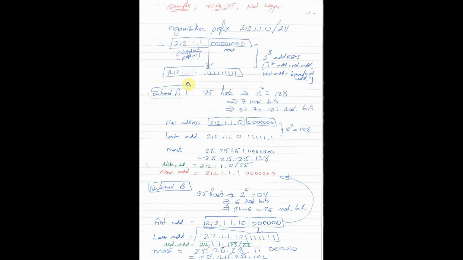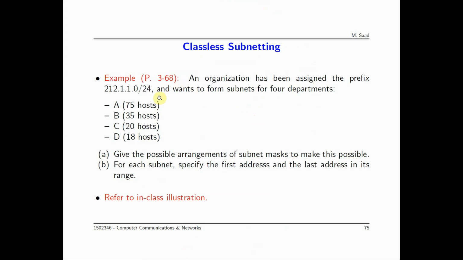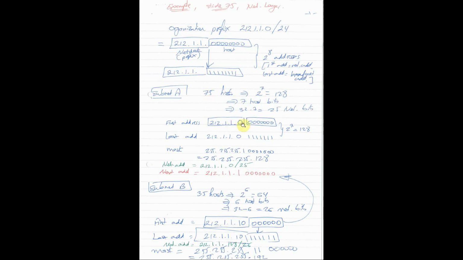Now, what is the first address that we can use for subnet A? Since we're starting with subnet A, the first address for subnet A is the first address in the network, 212.1.1.0 in decimal. We're expanding the last 0 in binary because we have 8 host bits in total for the whole network, right?